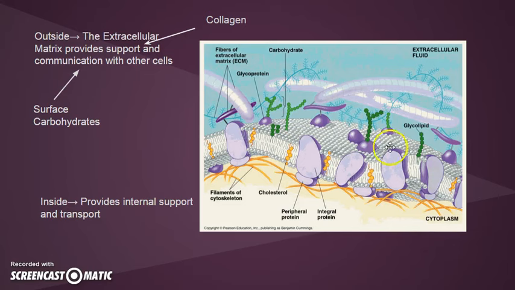Within our membrane, we have a lot of components. I would like you to either take a screenshot and put this in your notes or to draw it. So let's talk about the pieces of the membrane. On the outside here, we have the glycoproteins, we have some carbohydrates, and we have things such as the extracellular fluid and matrix.